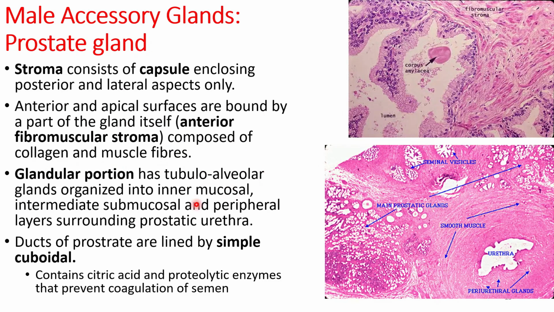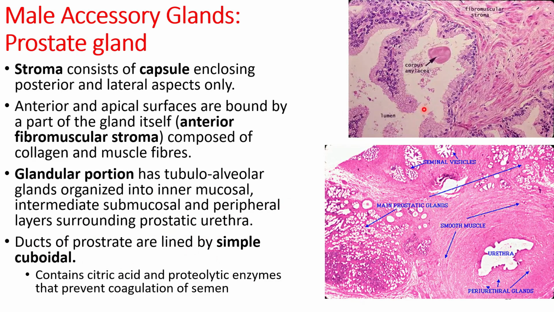The inner bit contains mucosa, the intermediate submucosa contains immature glands, and the peripheral layer contains all the mature glands. This peripheral bit will also be surrounding the prostatic urethra. And then the ducts of the prostate are lined by simple cuboidal epithelium.